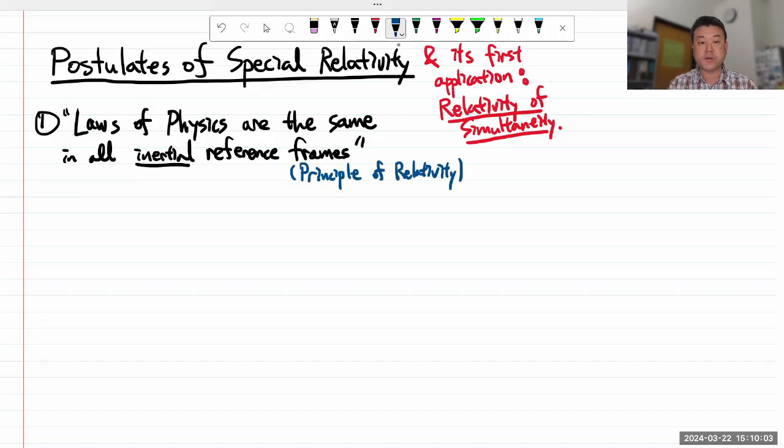Galileo is often credited with having realized it with his sailor in the underhold of a ship. Could the sailor figure out if the ship is moving or not, if it's a really gentle ride? We talked about that already, so let me just leave that be. Now, this is what we will call the first postulate of special relativity.